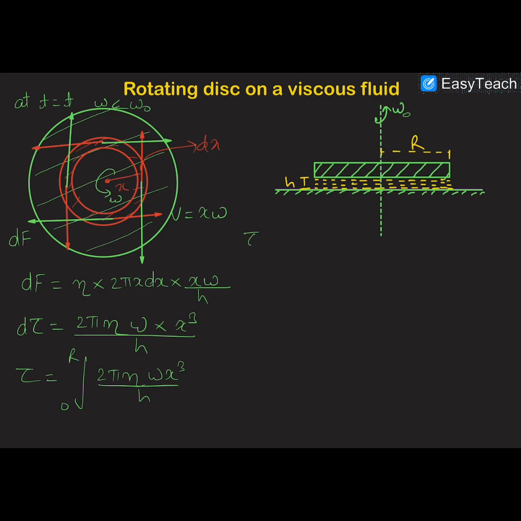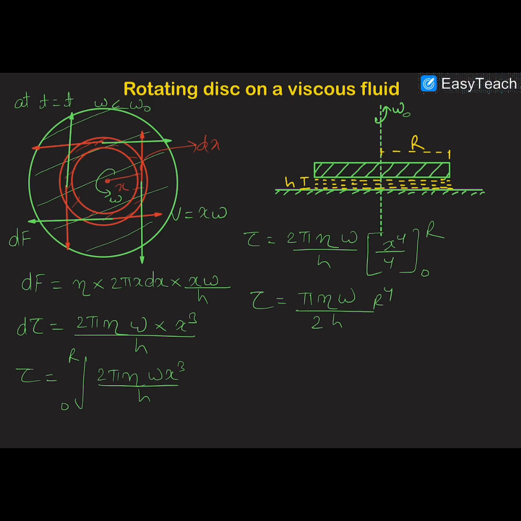This is x to the power 4 by 4 from 0 to r, so the torque will be equal to pi eta omega r to the power 4 by 2h. This is the total torque acting on the disk due to the viscous force, and it is a retarding torque.